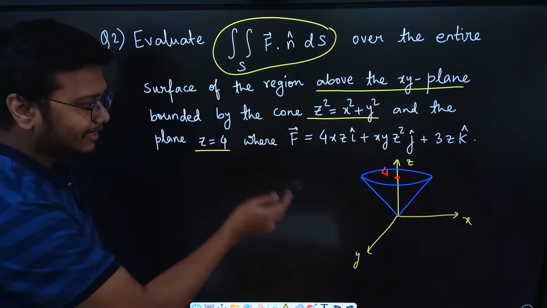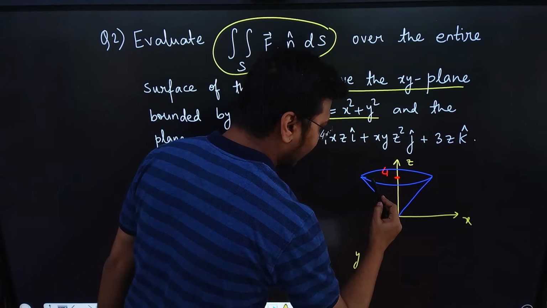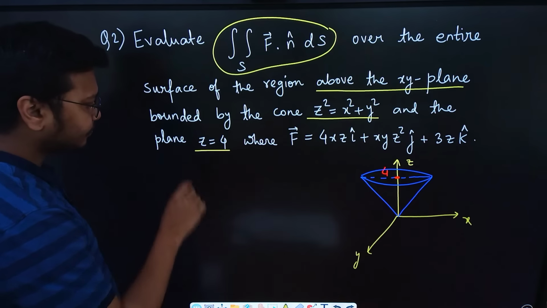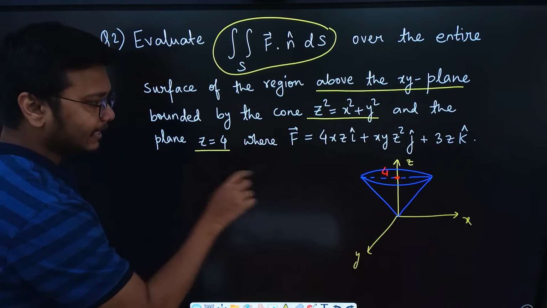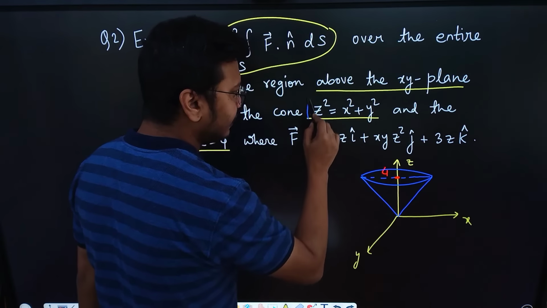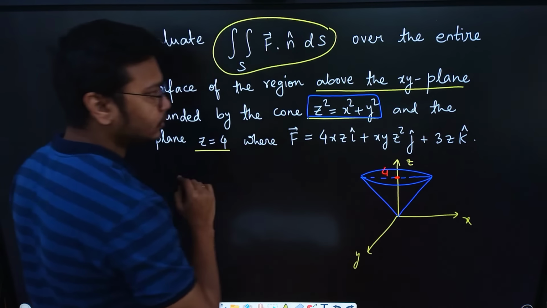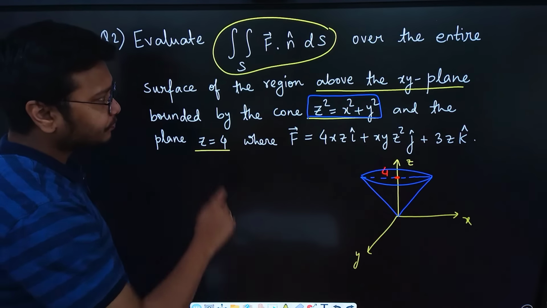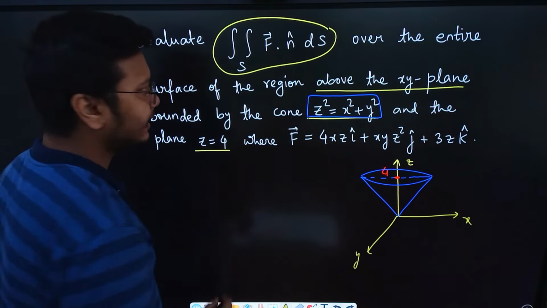Okay, so that's going to be a cone, and the height of the cone is 4 units. So that's bounded by the plane z equals 4, and the equation of this cone is given by z square equals x square plus y square, which is, as you can see, above the xy plane. And we need to find out this integration.